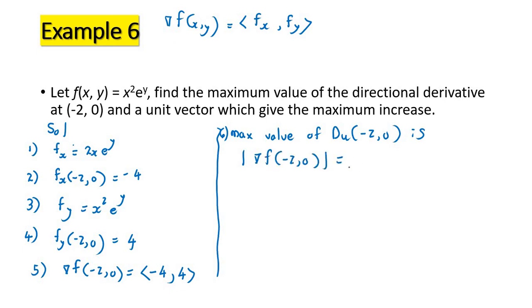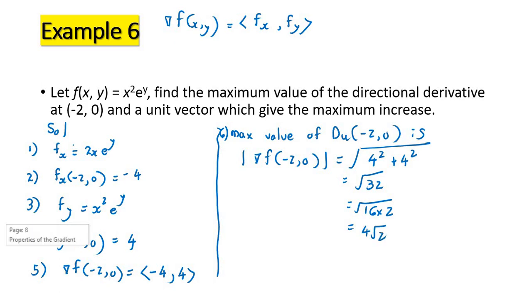So the magnitude of the gradient vector: negative 4 squared, 4 squared, so it's root 32, or root of 16 times 2. Root 16 is 4, so you have 4 root 2. So this is the maximum value of the directional derivative.